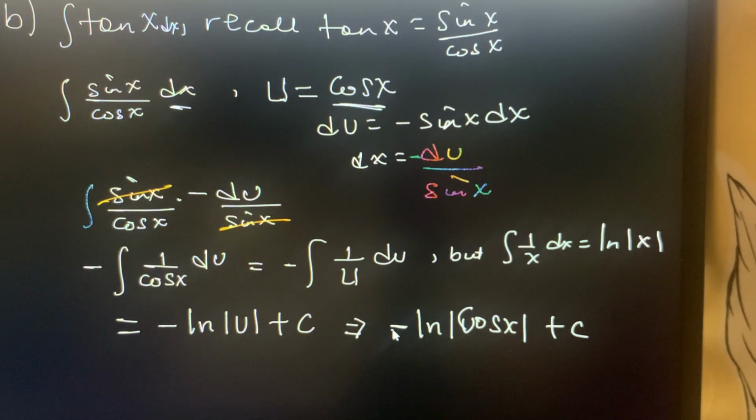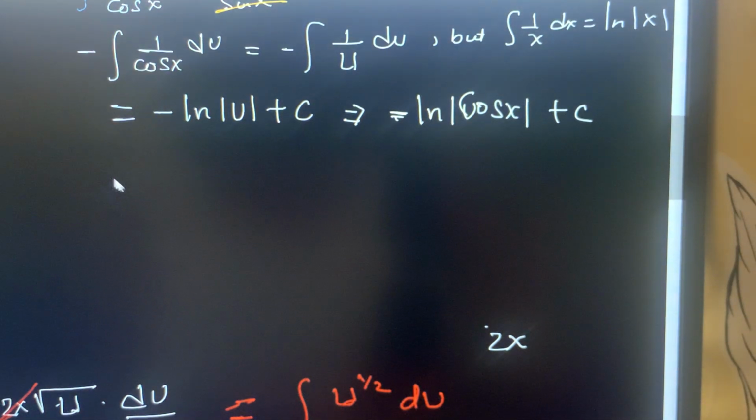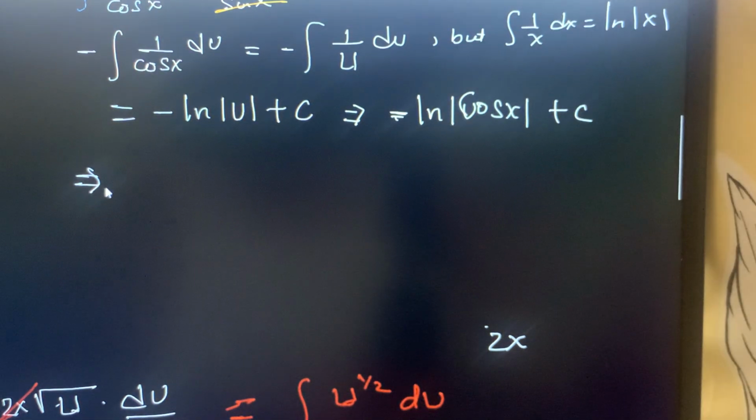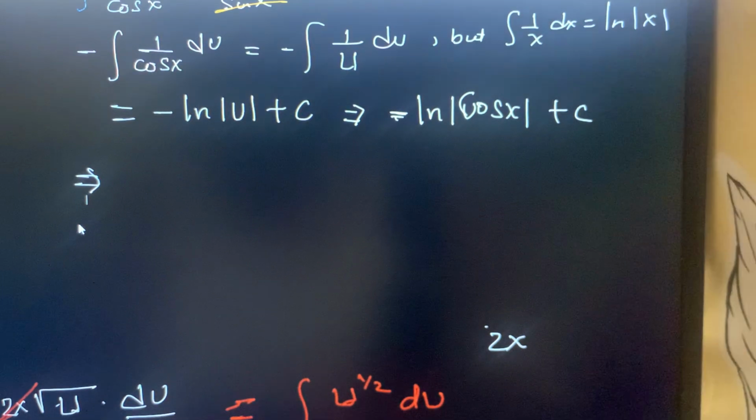Since I have a negative at the front, that is a negative 1, so I can bring the negative 1 in as a power if I use the power rule of logarithm.